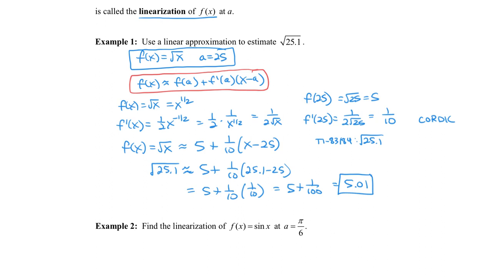Not one that's fun to do by hand, but it's well suited for calculators or computers. Using that, and I'm just going to round here, it basically says 5.00999. I'll just stop at that point. But you can see our approximation, something we did pretty quickly by hand using a linear approximation, is not too bad, right? So this is the calculator's approximation. This one we just did by hand, so not too far off.